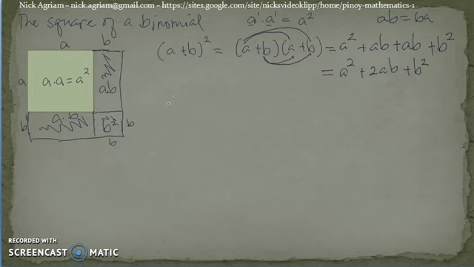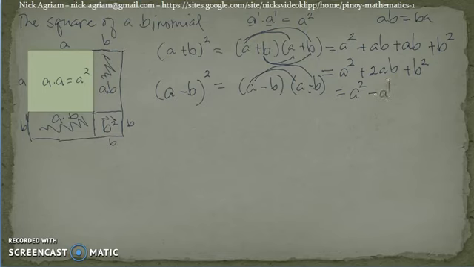In the same manner, if we have A minus B squared, it is equal to A minus B times A minus B. That means A multiplied by A is A squared, and then we have A multiplied by negative B. We need to include even the negative symbol, and we have negative AB, and then negative B multiplied by A is negative AB, and then negative B multiplied by negative B is positive B squared.